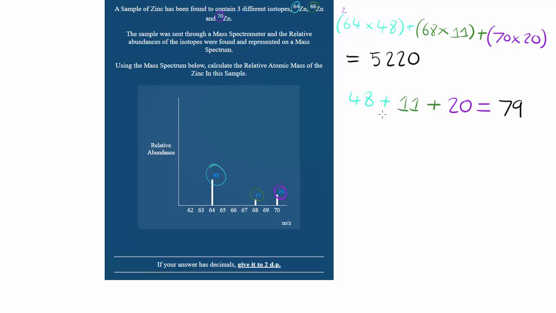Okay, so from this point, what do we need to do? Well, we need to take the 5220 and divide it by the 79. Let me do that now. And what do we get after we do that?